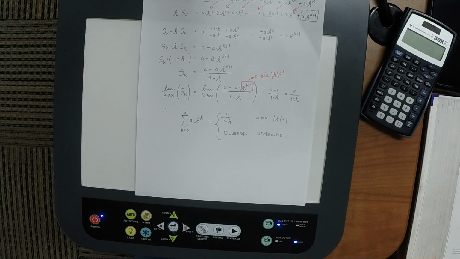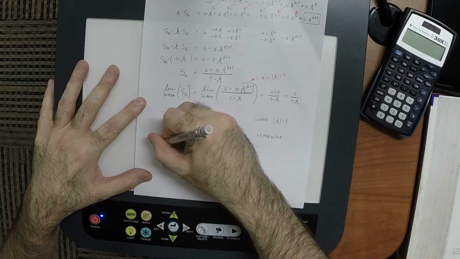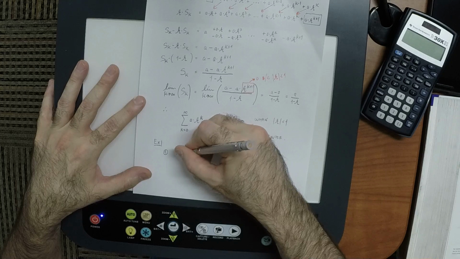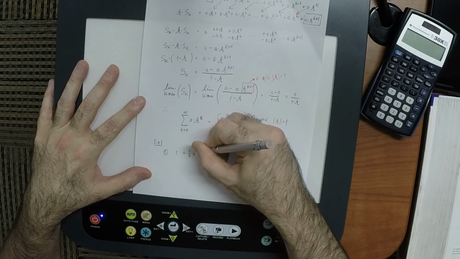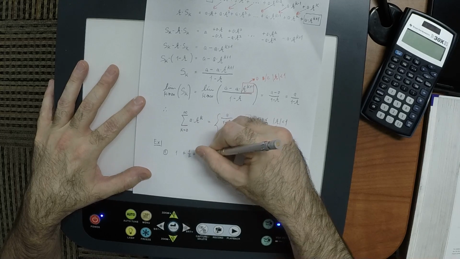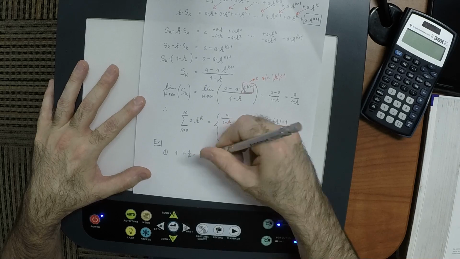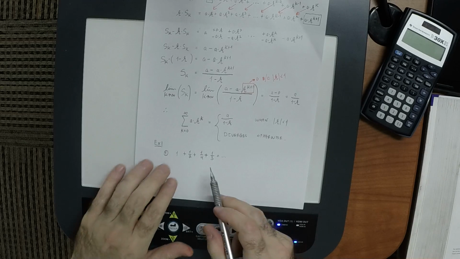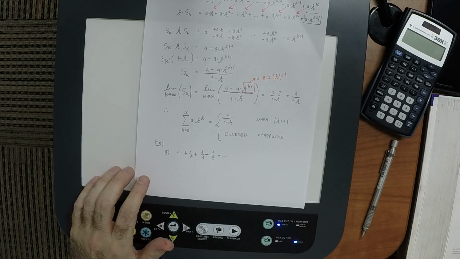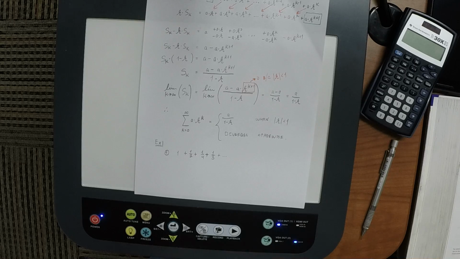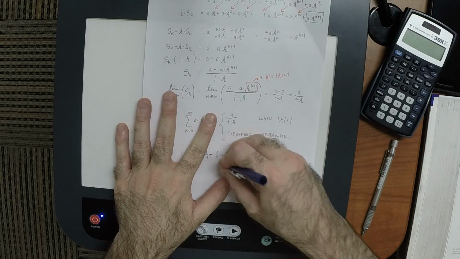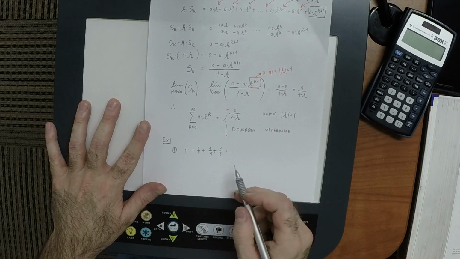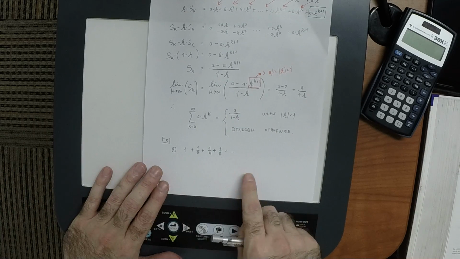Ah, very good. So here we have an example. The first example was the beer example: 1 plus a half plus a fourth plus an eighth plus dot dot dot. Okay, that kind of thing. Well, this is a geometric series.